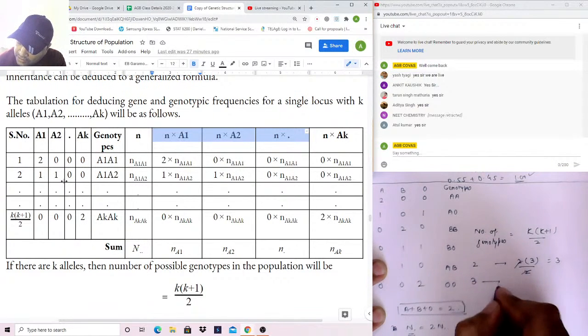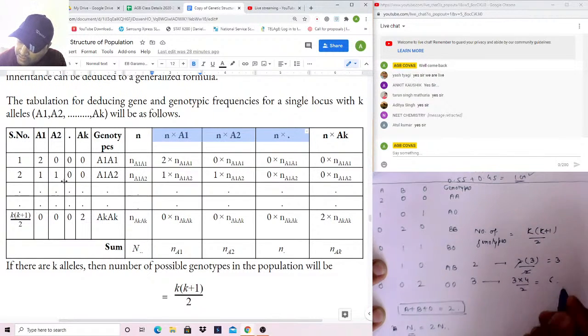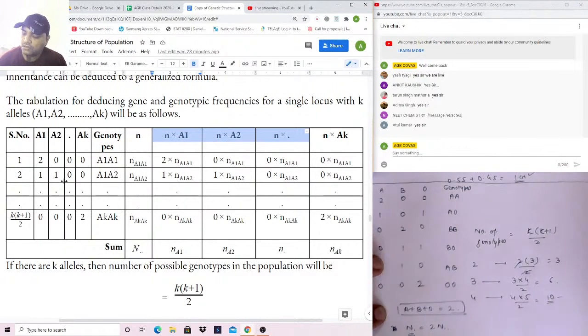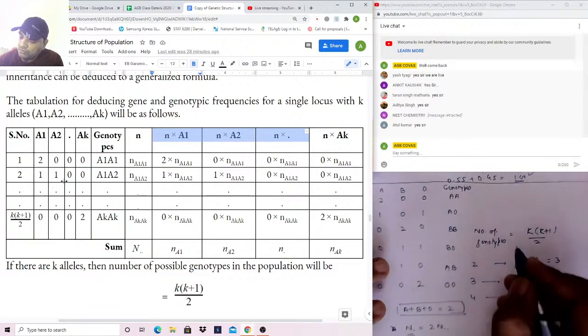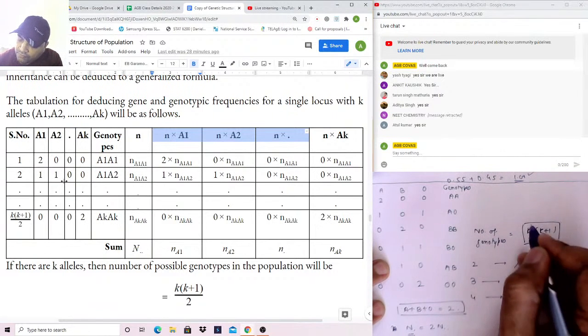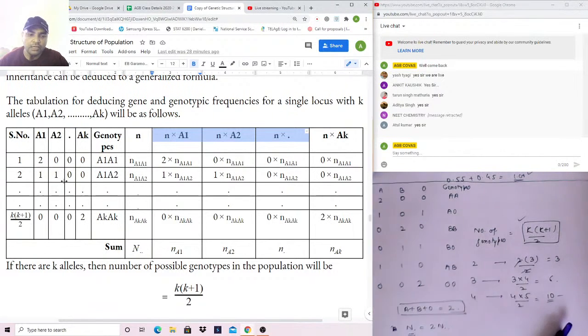If there are 3 alleles, then it will be 3 into 4 divided by 2, which is 6. If there are 4 alleles, then it will be 4 into 5 divided by 2, so 10 genotypes. So by using this formula we can calculate the total number of genotypes for k alleles: k into k plus 1 divided by 2.